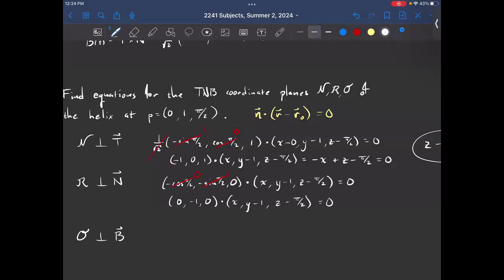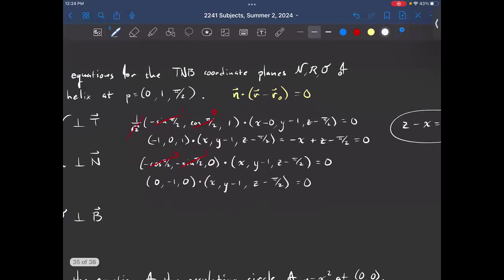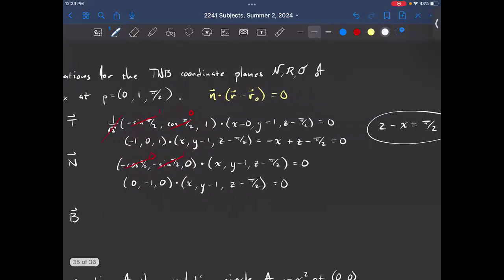This one is parallel to the xz plane, I believe. Yes. So we get negative y minus 1, or 1 minus y equals 0. And so that tells me that y equals 1 is the equation of my rectifying plane.